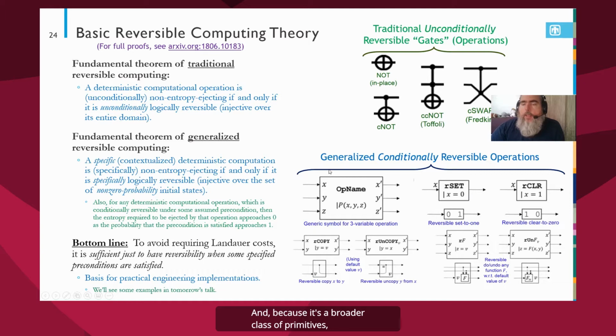And because it's a broader class of primitives, designs in general will be simpler if you build them from this larger class than if you were constrained to only using this smaller set of primitives. That's because the primitives in the smaller set are more difficult to implement. They're more complicated to build physically than some of the ones in this larger class that are still universal.